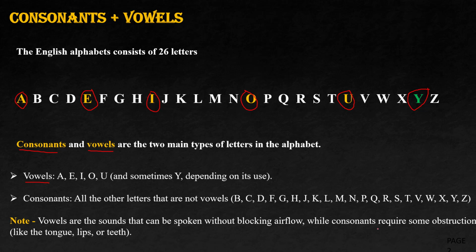For example, for K, we utilize lips as well as tongue. For P, we use lips. For R, we use tongue. For vowels, without blocking airflow: A, E, I, O, U.